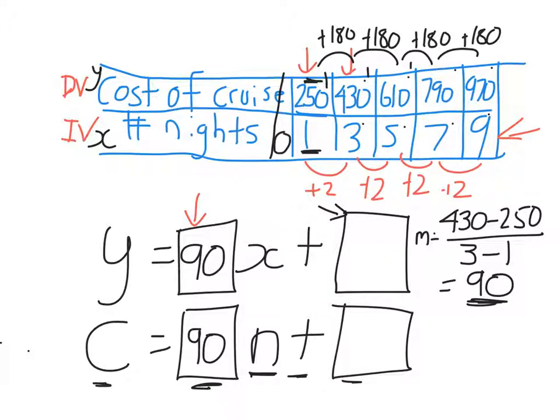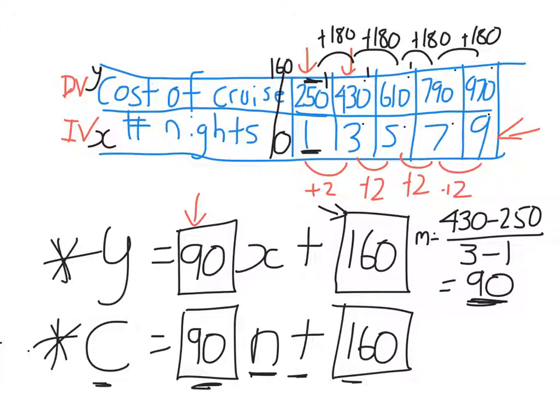If I go down by 1 in the x variable, I'll have to go down by 90 in the y variable. So it'll be 160. So that is going to go there. And again, the bottom equation is exactly the same. It doesn't matter whether you write it like this or like this.